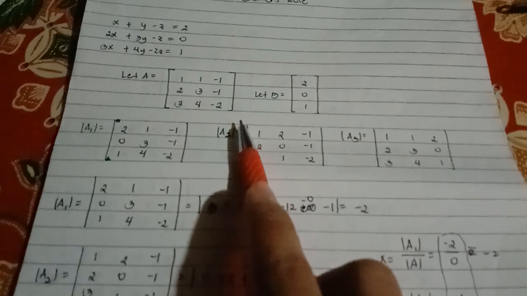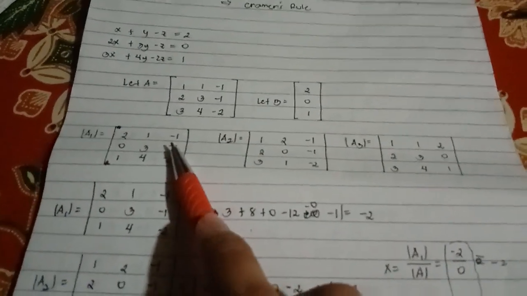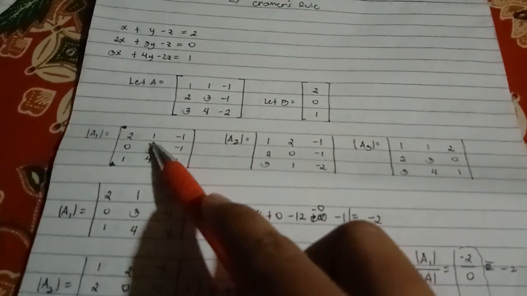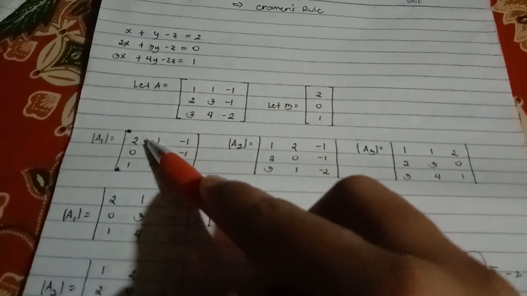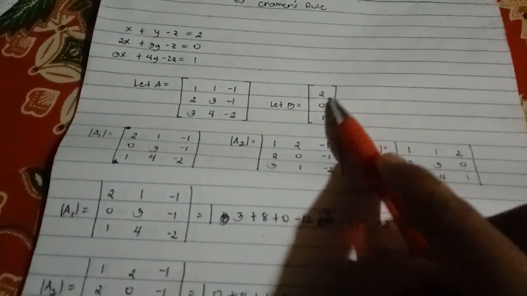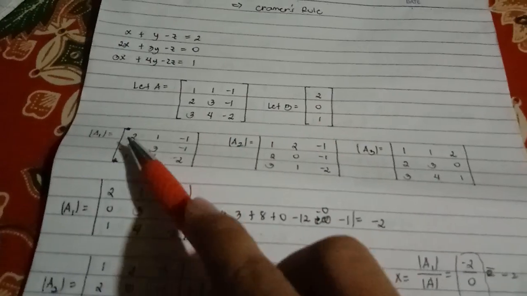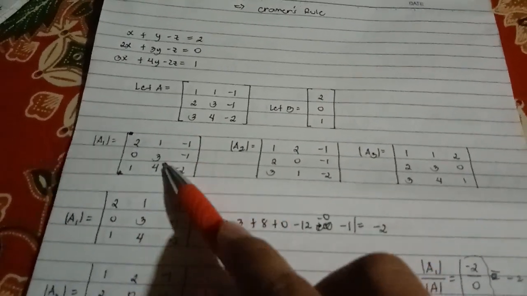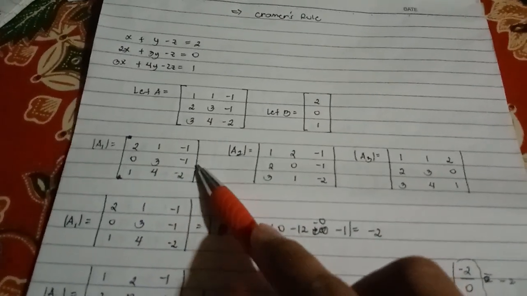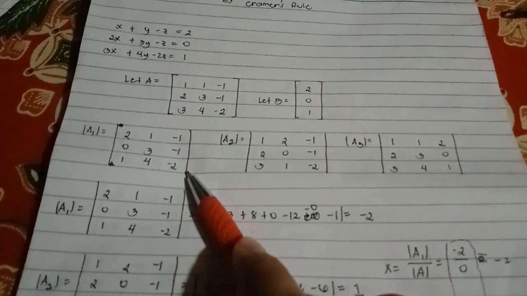So to get the determinant of A sub 1, we replace the first column with the constants. So 2, 0, 1, 1, 3, 4, negative 1, negative 1, and then negative 2.